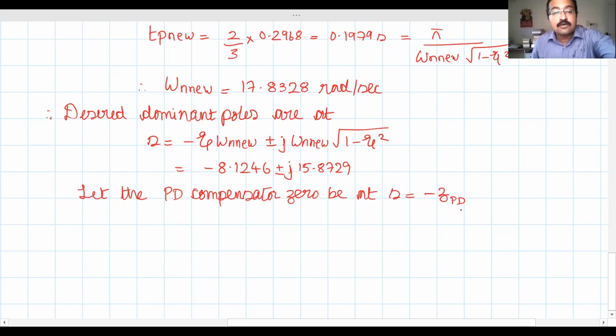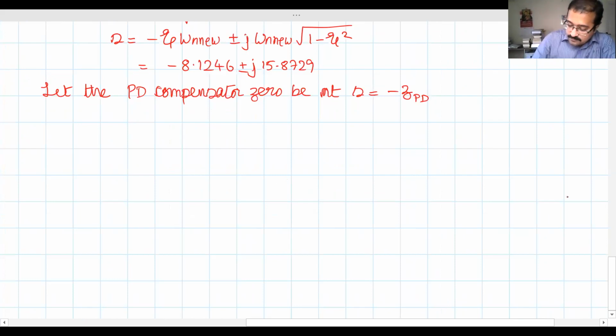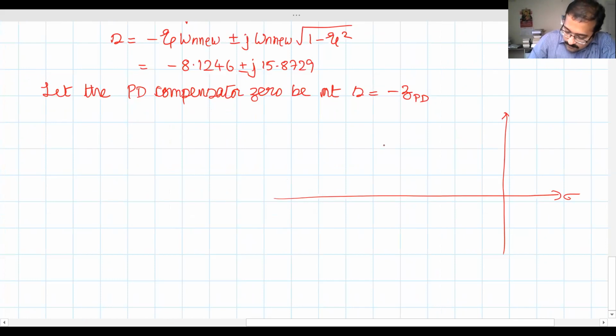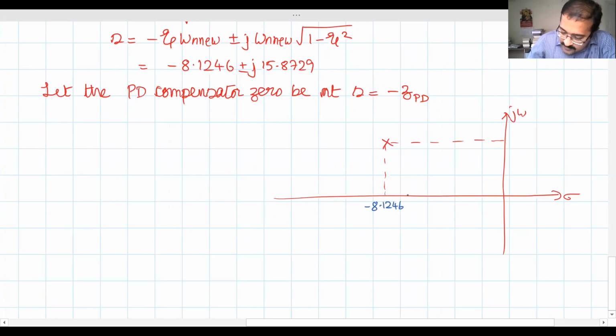Now you see, our desired dominant pole is minus 8.1246 plus j 15.8729.